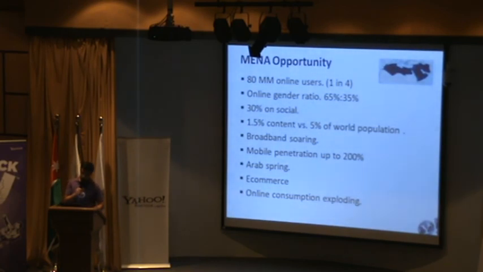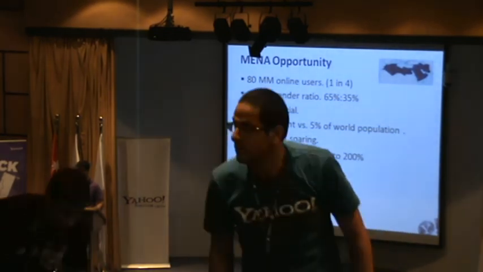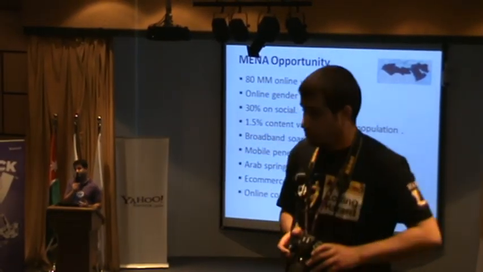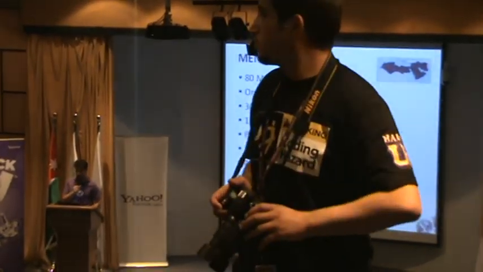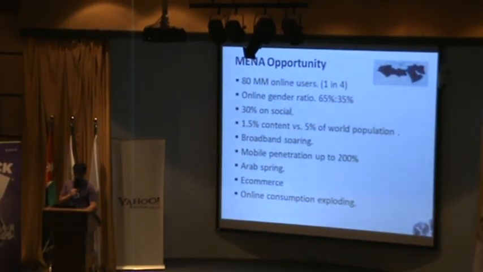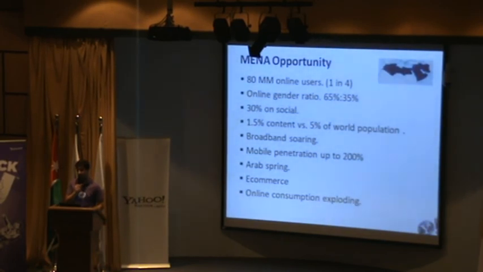There's also the soaring of e-commerce sites, like for example Gonabet, Kobon. Gonabet has just been acquired by Security Social. A lot of people are no longer afraid of using their credit card on the internet. Of course, there's a lot of demand on online content consumption.